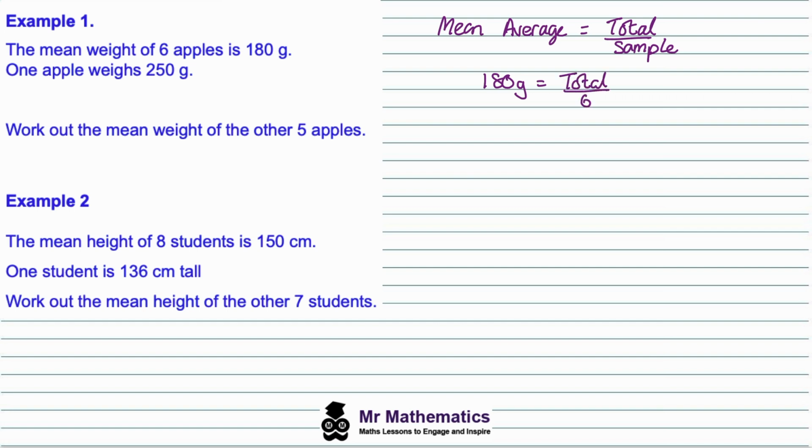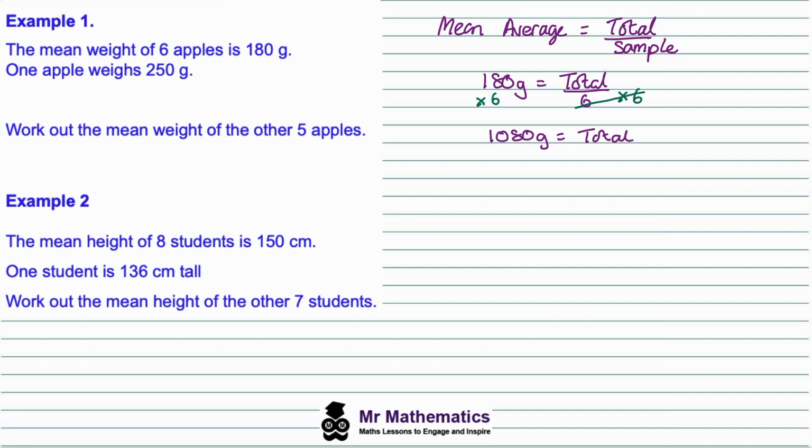the 6 apples. Now we can work out the total by multiplying both sides by 6, because this multiplication and division will cancel. And 180 grams times 6 will give us 1,080 grams. So this would be the total weight of the 6 apples. And then we're told that 1 apple weighs 250 grams.